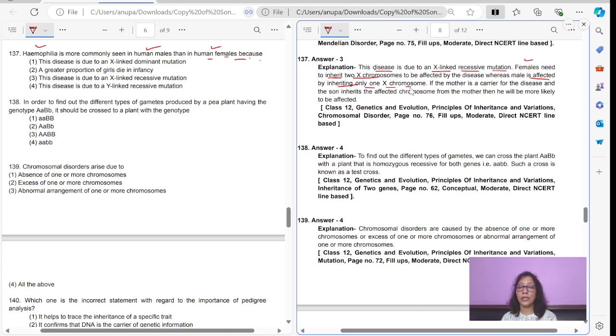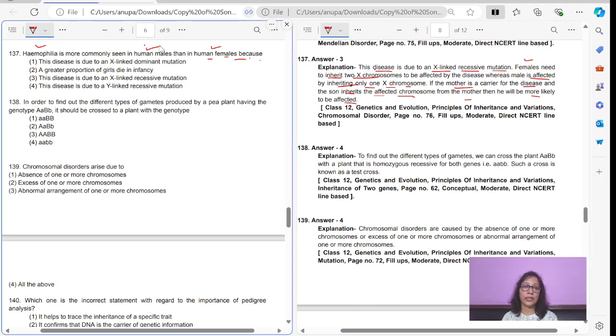So if a mother is a carrier for this disease, there is a high chance that the son inherits the affected chromosome of the mother, and then he will be affected. This is the reason why human males are commonly hemophilic, whereas human females are not.